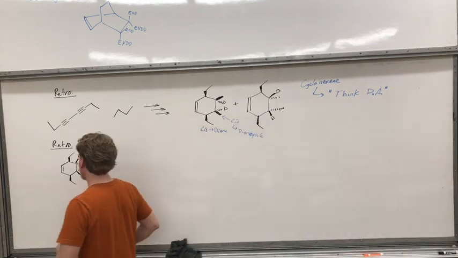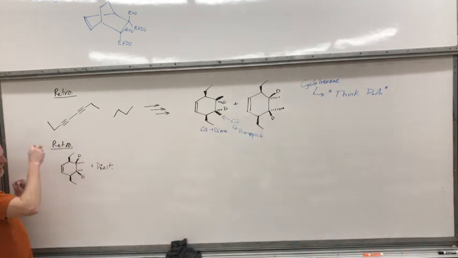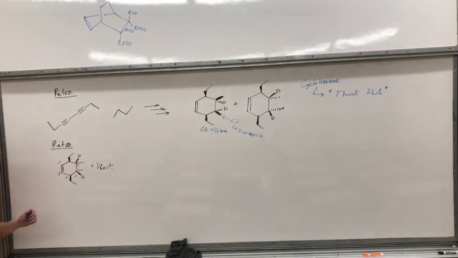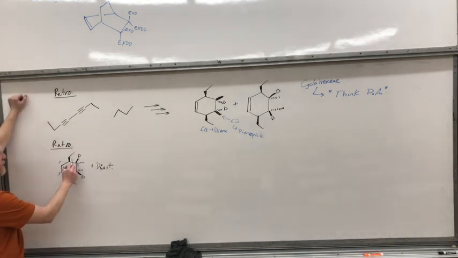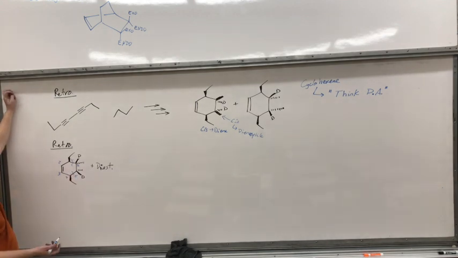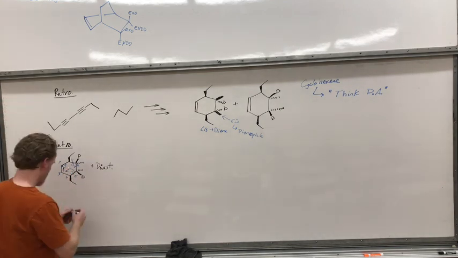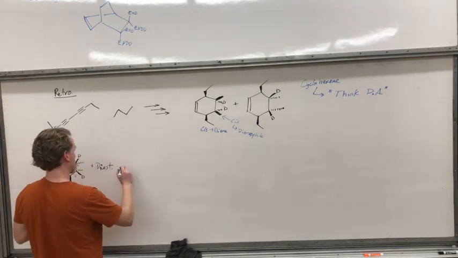And now, what am I gonna do? I remember when I was doing the mechanisms, I kept numbering the ring this way: 1, 2, 3, 4, 5, 6. And if you remember, the bonds were formed between 1 and 6, and 4 and 5. You can actually even kind of see a reverse Diels-Alder, which is a reaction that occurs like that.